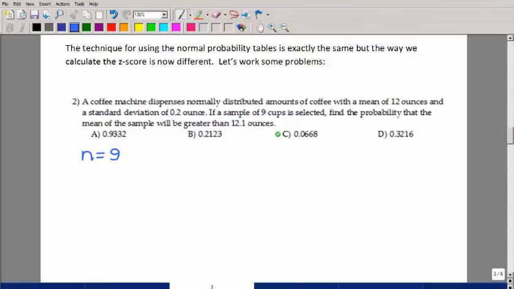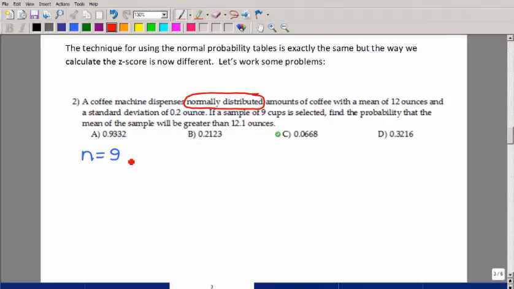Well, the central limit theorem says that only if your population is not normally distributed. Notice here that since our population is normally distributed, n can be any size. So we're okay with that. If it didn't say normally distributed, the sample size would have to be 30 or more.